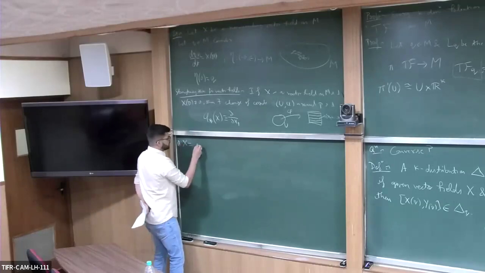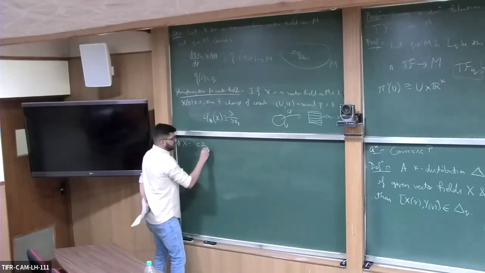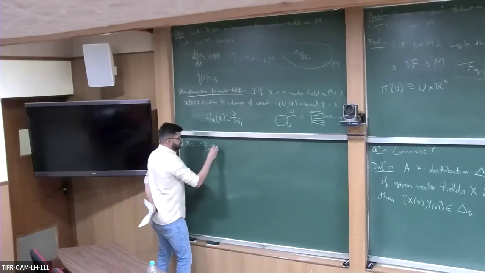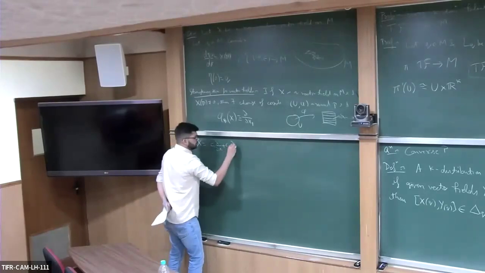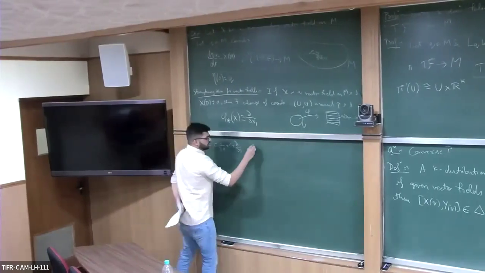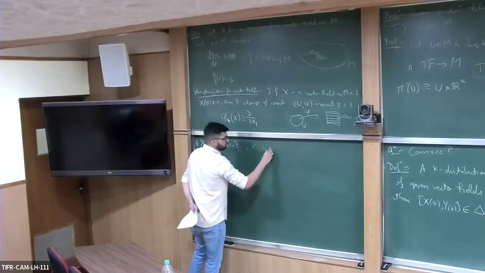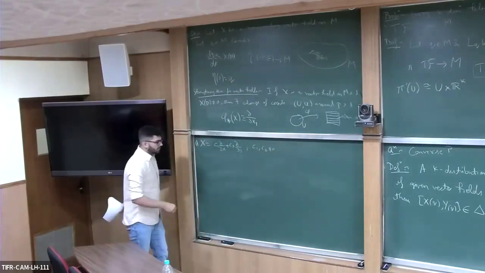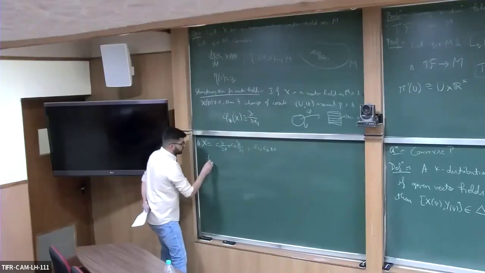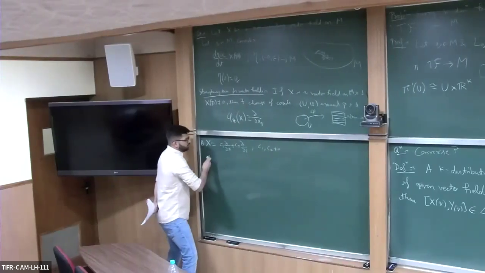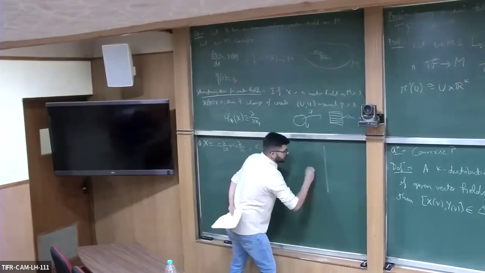Take X to be c1 ∂/∂x plus c2 ∂/∂y, where c1 and c2 are non-zero. We solve the differential equation corresponding to this. Even without solving, you can see this.